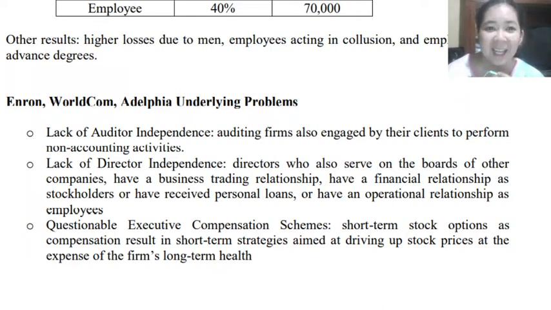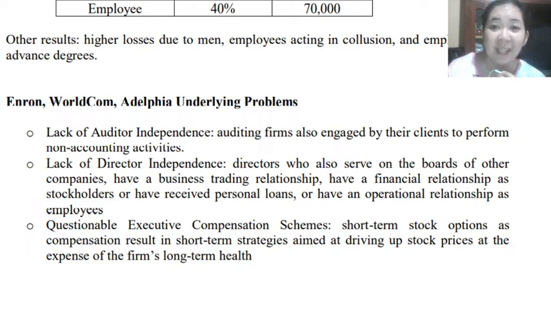So in this illustration or example, this is where accountants are actually involved in fraud or fraudulent actions. All of this, Enron, WorldCom, Adelphia. Here are some of the key points that were emphasized. In these cases, there is lack of auditor independence.